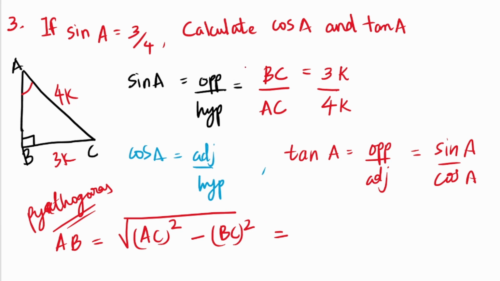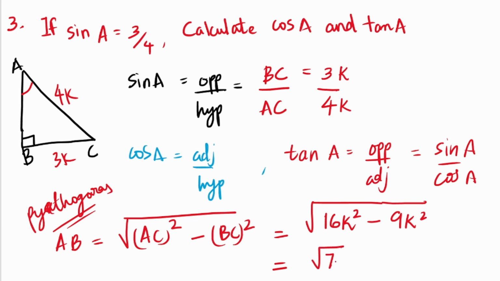So we have root of 4k whole square, which is 16 into k square, minus 3k whole square. 3 square is 9, k square is k square. Now we have root of 16k square minus 9k square. We'll get root of 7k square, which, when you take k outside, because k is a square, we will get k into root 7.